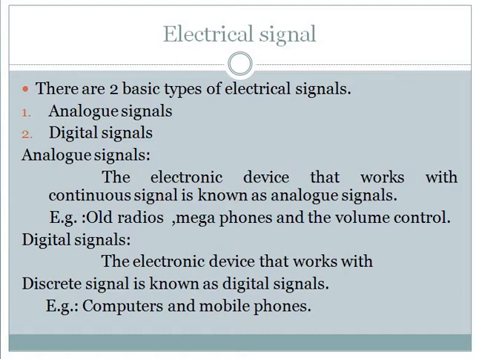An electronic device that works with continuous signals is known as analog, or a signal that represents a physical measurement. For example, old radios, megaphones and the volume control, temperature sensor, FM radio signals, photocells. These are some examples of analog signals.